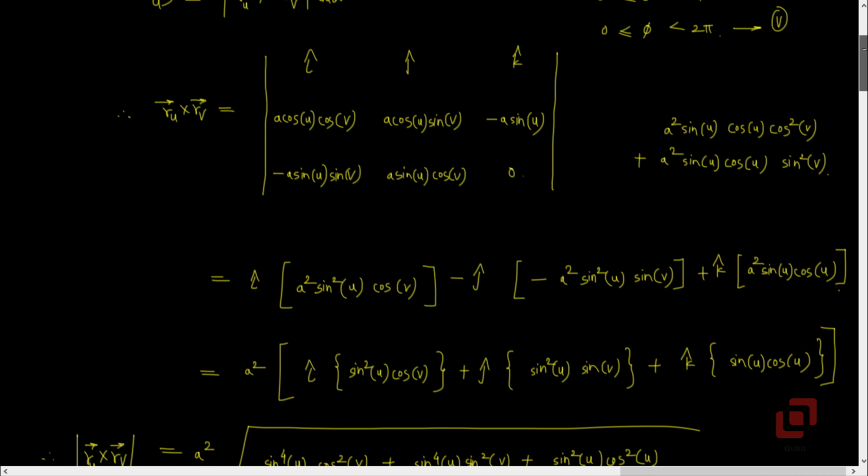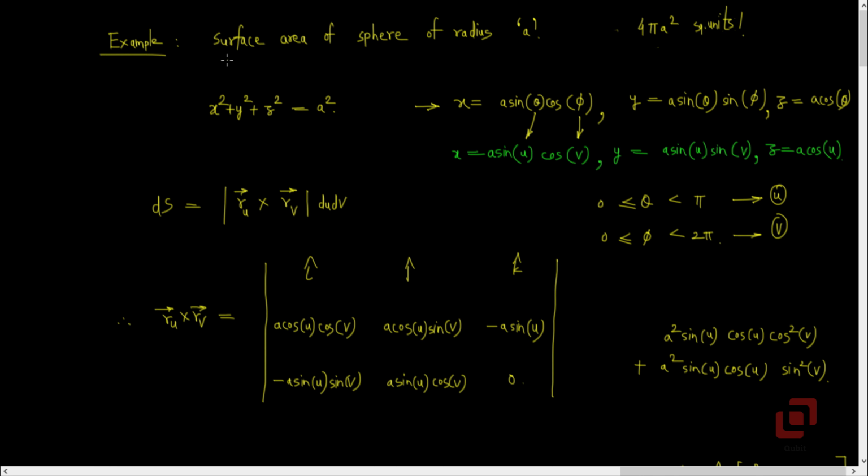So we successfully obtained the surface area of the sphere of radius a by using its parametric representation in terms of the parameters u and v, which lied between 0 and pi and 0 and 2 pi respectively. We used the differential ds, which is the elementary surface area.